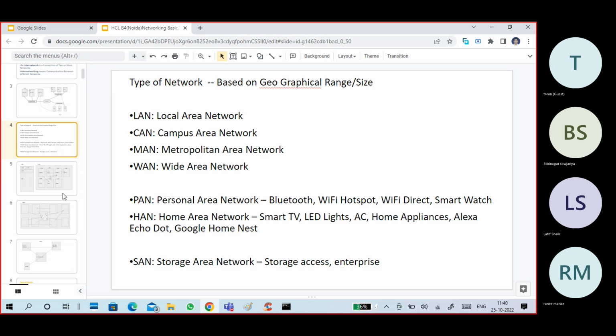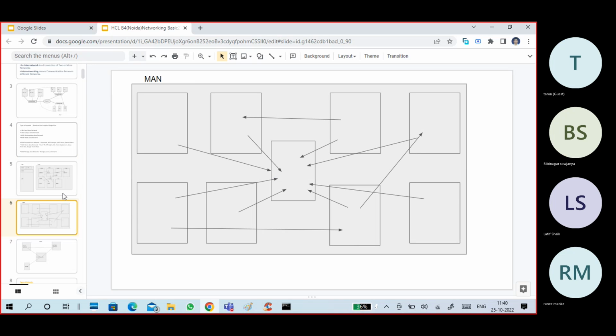Metropolitan area network. In a metropolitan area network, you have several buildings and different departments in metropolitan areas, like cities. You can take a city like Mumbai, Kolkata, Delhi, Chennai. So four major metropolitan cities.